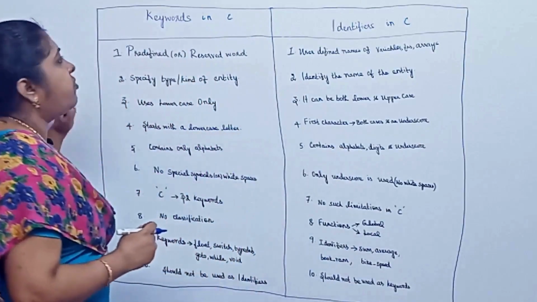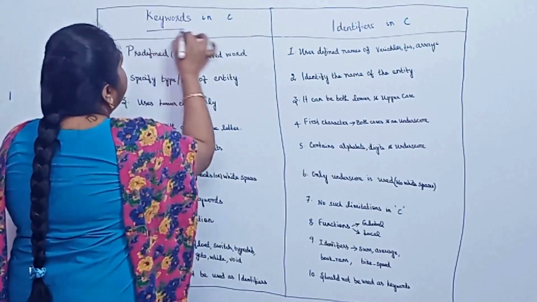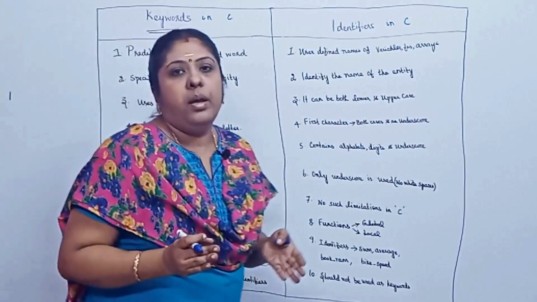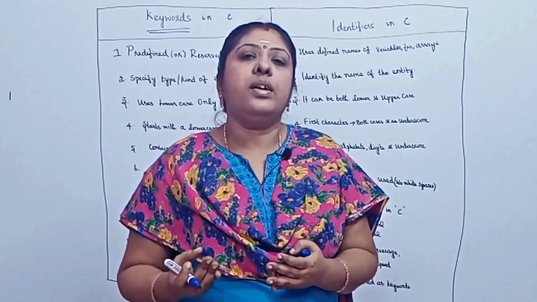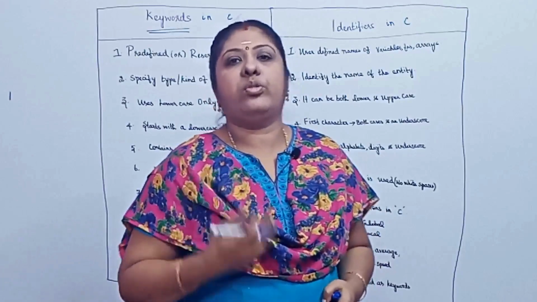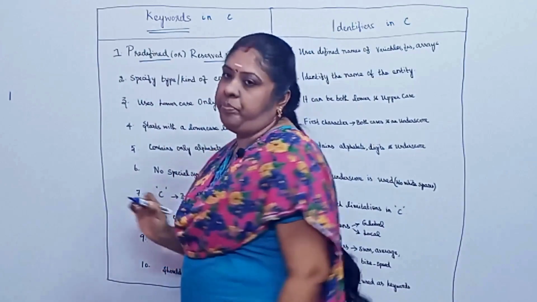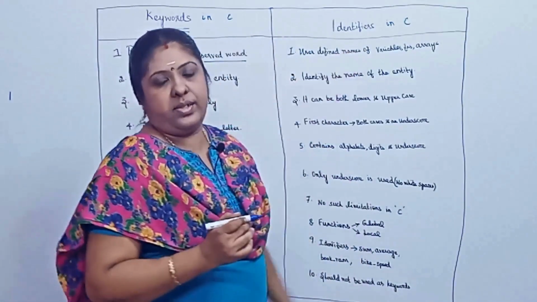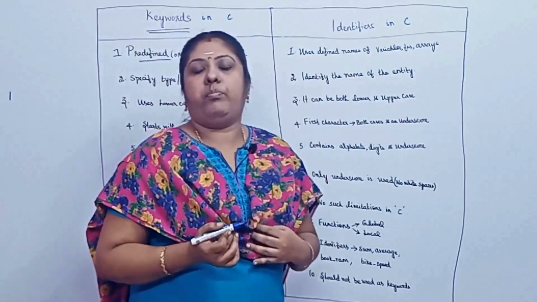The first one is the key definition: what is a keyword? A keyword is nothing but a predefined or reserved word which is built in within the compiler, which gives some special meaning to the compiler. It is a predefined word. And when discussing identifiers, it is the user defined name.